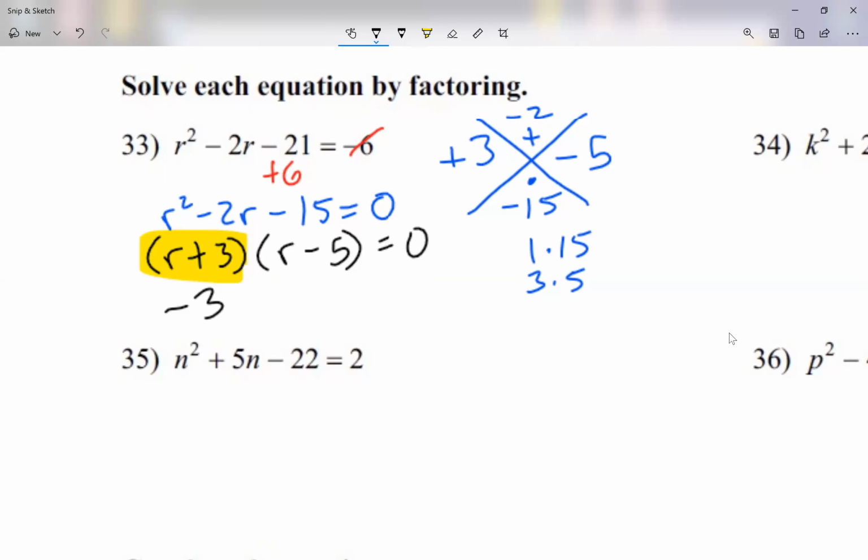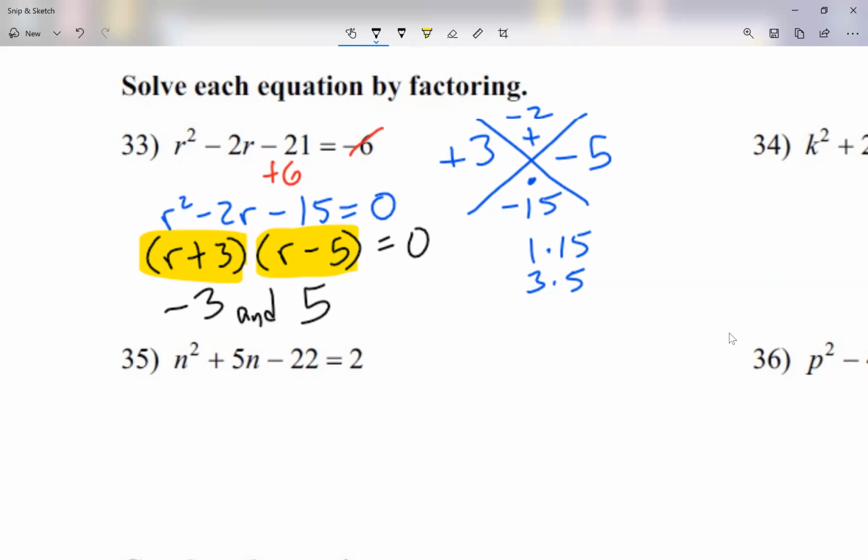I look at the second parentheses now, r minus 5. What value of r will make that parentheses 0? 5. And that's going to be my answer. My answer is going to be negative 3 and 5. That's it.